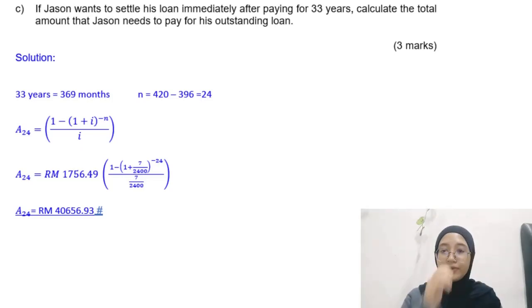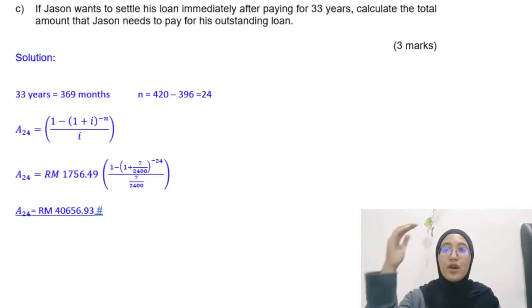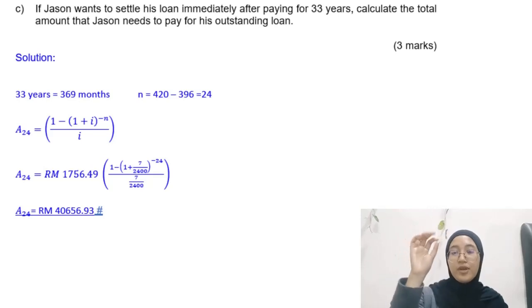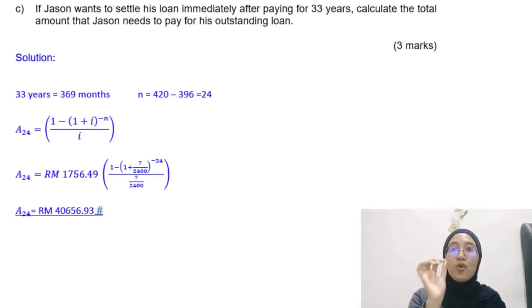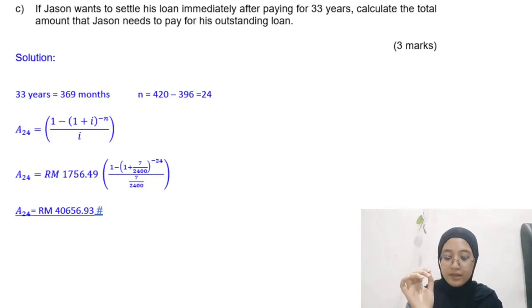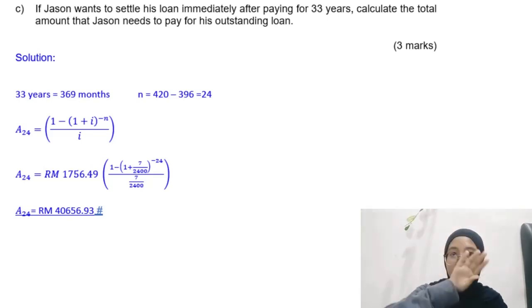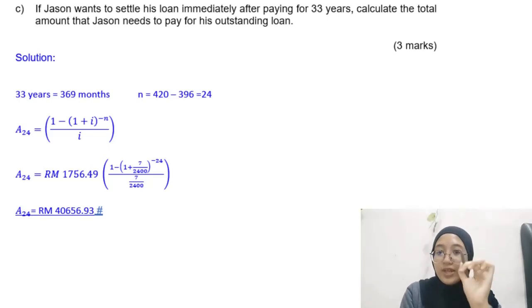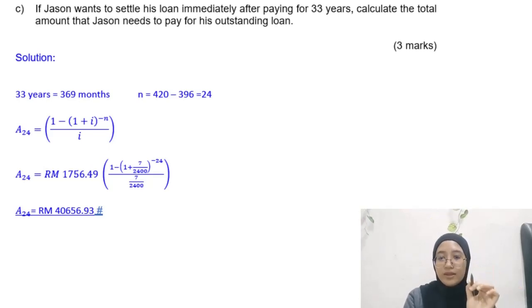So you can use the formula A24 equals to 1756.49 big bracket over, the above you can put the 1 minus bracket 1 plus 7 over 2,400 close the bracket power of minus 24, and over 7 over 2,400, and you close the bracket.